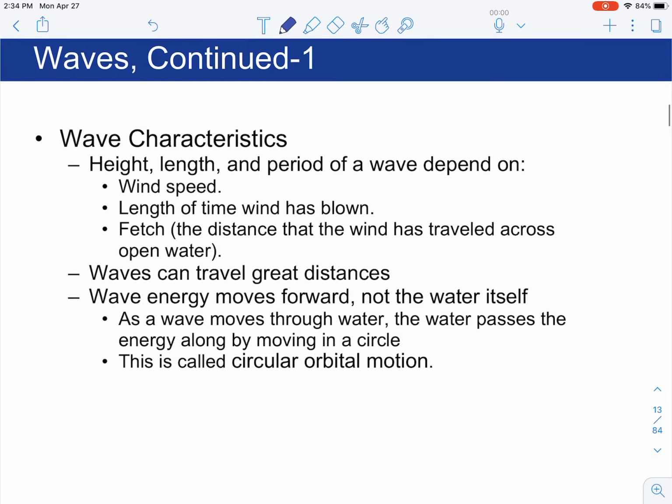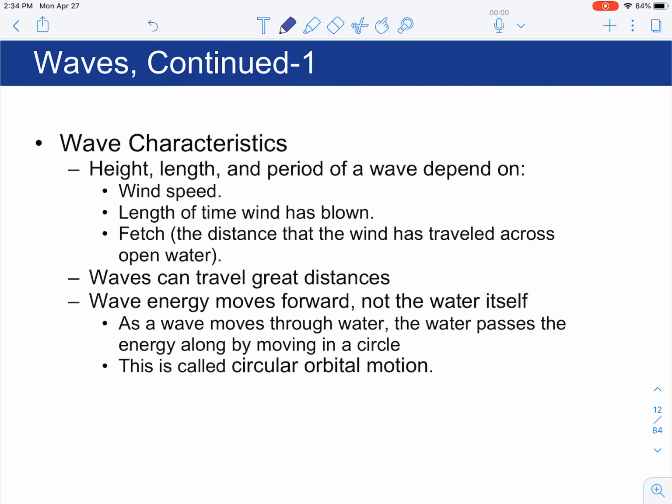So wave characteristics, the height, the length, the period, which is how frequent the waves pass a given point, are all dependent on wind speed primarily, and also duration, so the amount of time the wind has blown, and the distance that the wind has blown across the surface of the ocean.